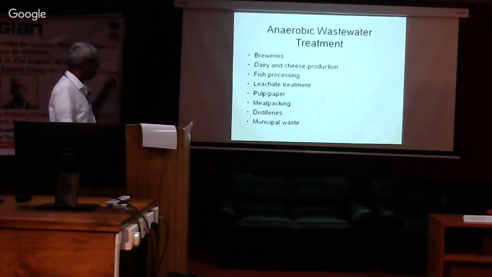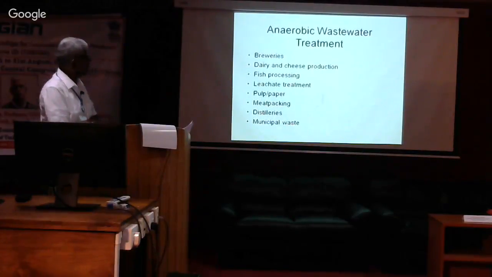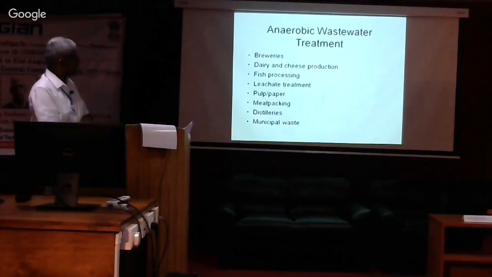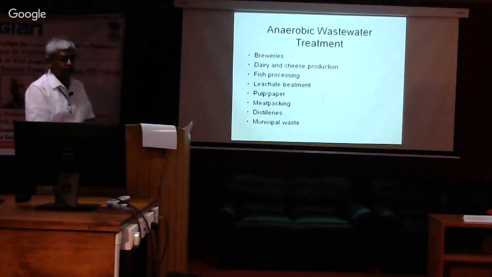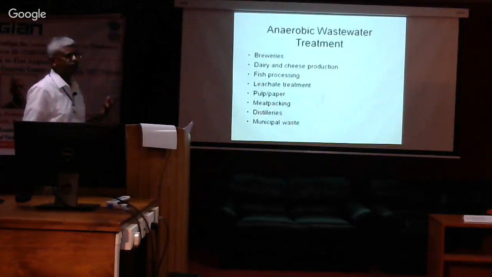And you can look at some industrial wastewaters, for example, paper and pulp, which are very high in COD, chemical oxygen demand. We can look at meat packing. Meat packing is very extensive in some parts of the US, where the unique feature of meat packing wastewater is that it has very high protein, very high nitrogen, ammonia.